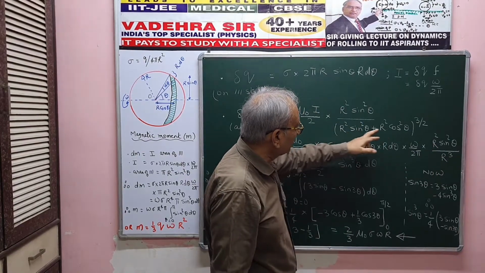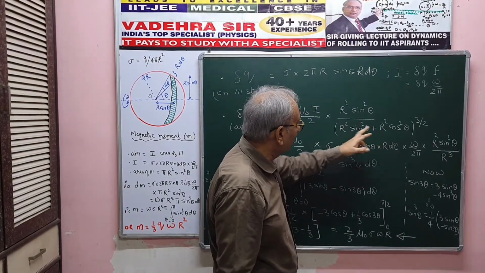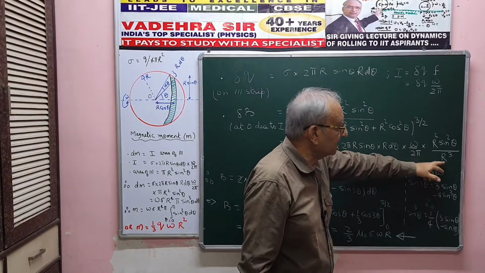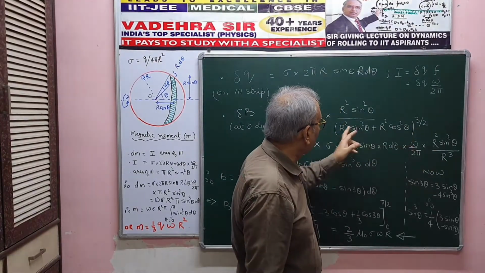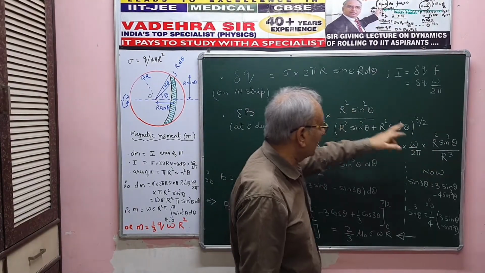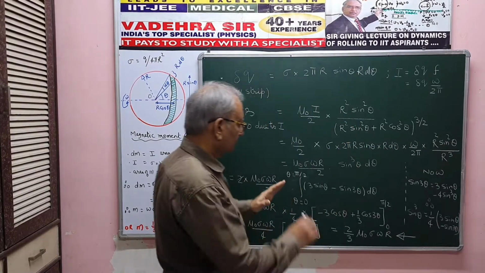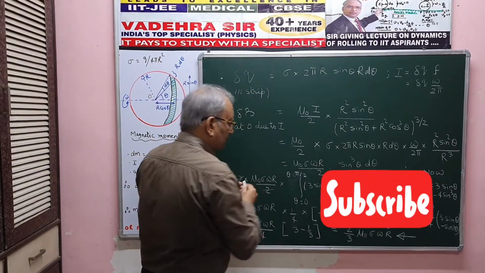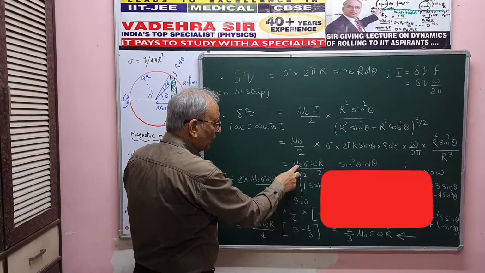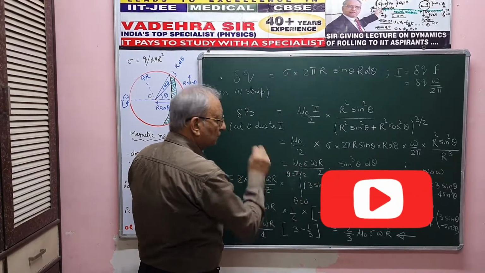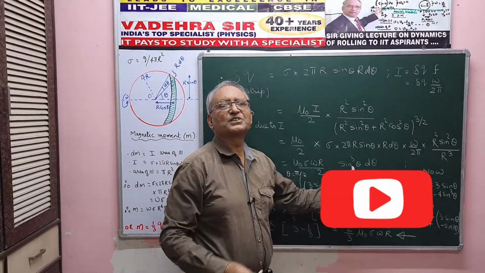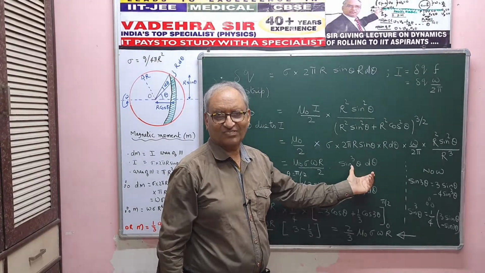Sine square theta plus cos square theta is 1, r square common to the power 3 by 2 gives you r cube, and over here it is r square sine square theta. Simple adjustment. So this will give you mu naught sigma omega r by 2 sine cube theta d theta.